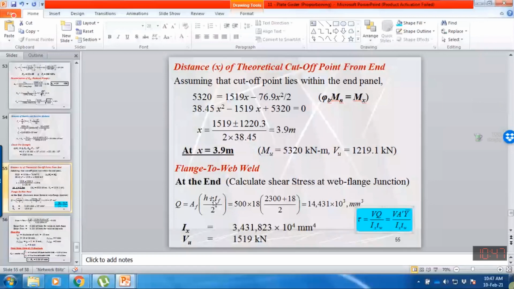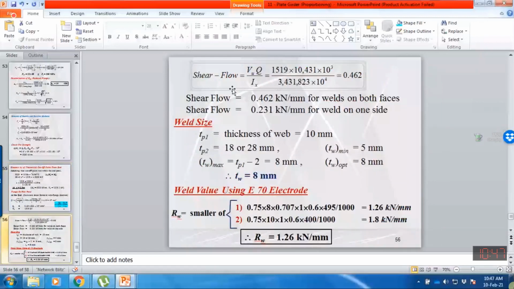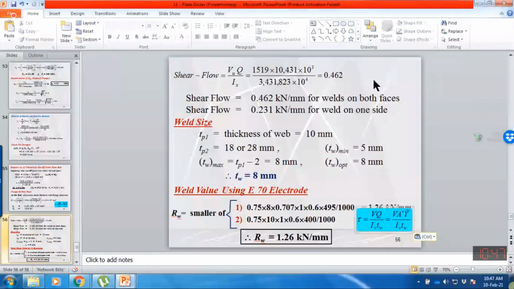So there is another way. Actually, we are using the concept of shear flow rather than shear stresses. The shear stresses we have already determined.